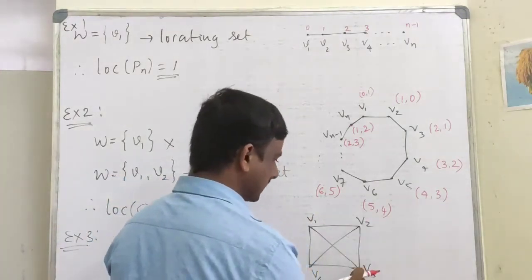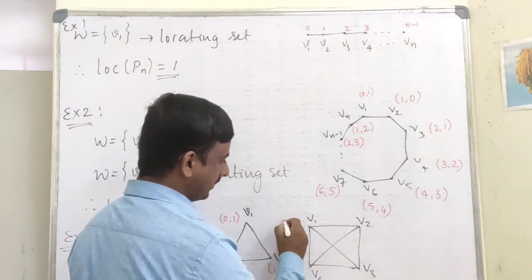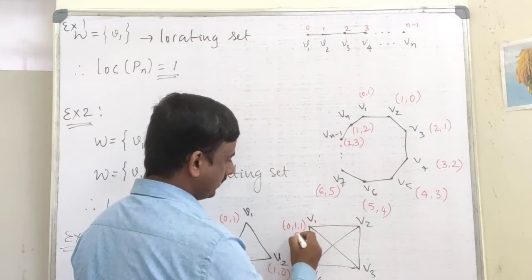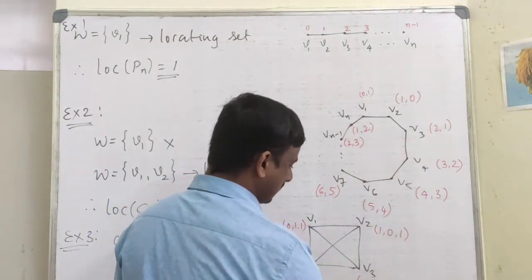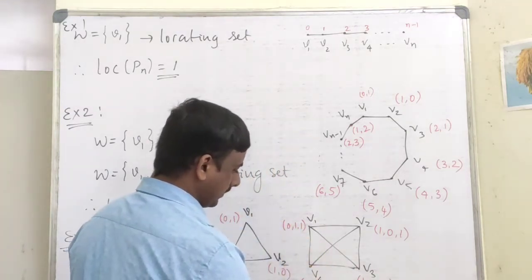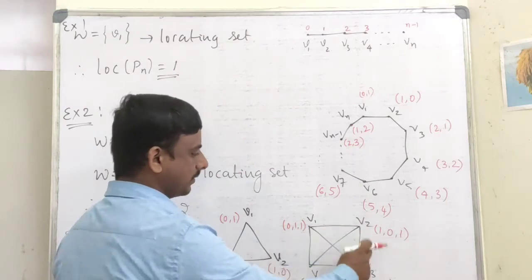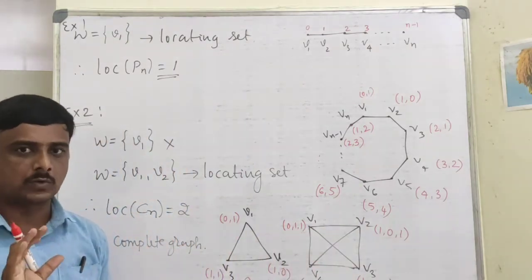Suppose you take 3 vertices. Then the locating code of this will be 0, 1, 1. This will have 1, 0, 1. This will have 1, 1, 0, and this will have 1, 1, 1. So each vertex has a different locating code, or simply code.